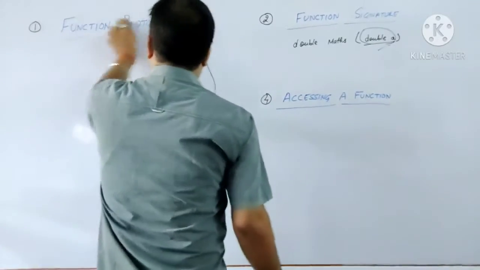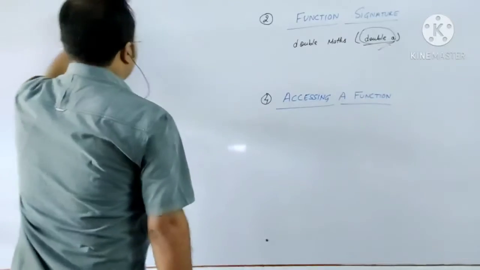Next is how we can access a function. Accessing a function: how to make a program of a function and how to access a function. So let us know about it.